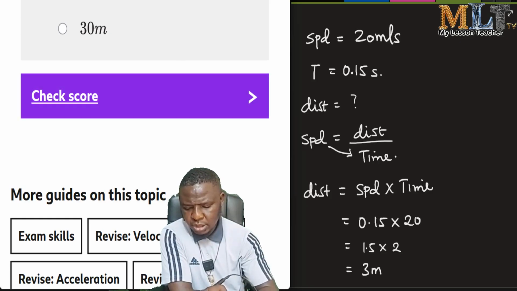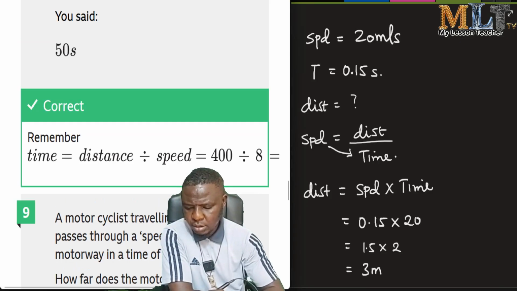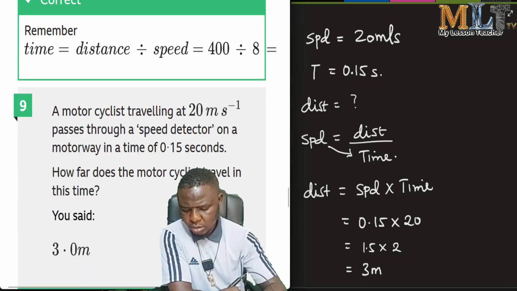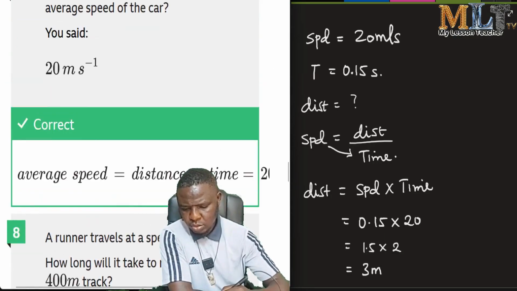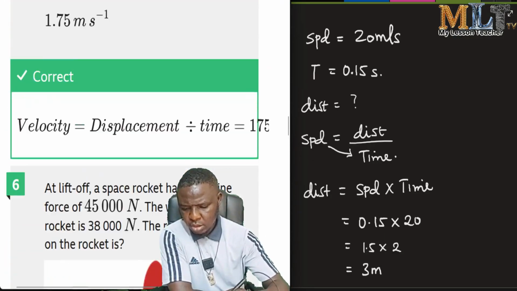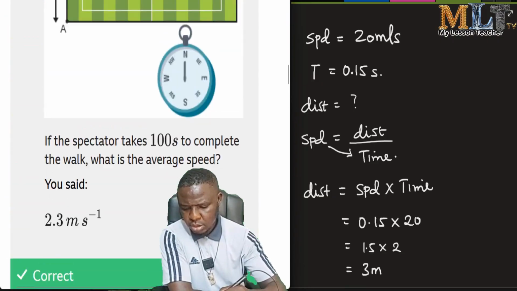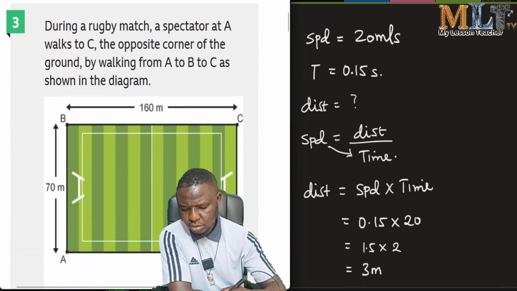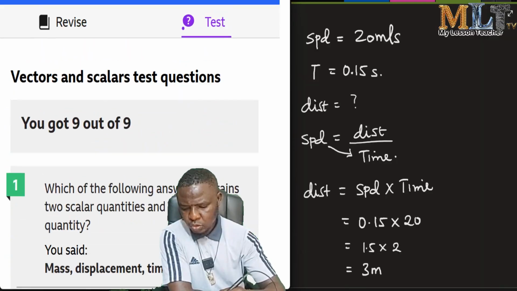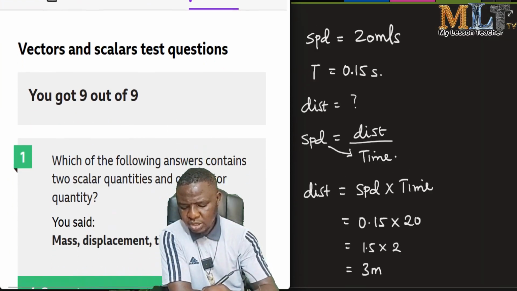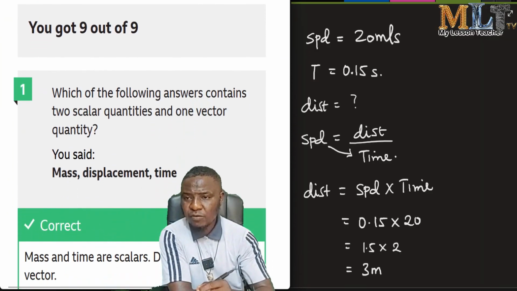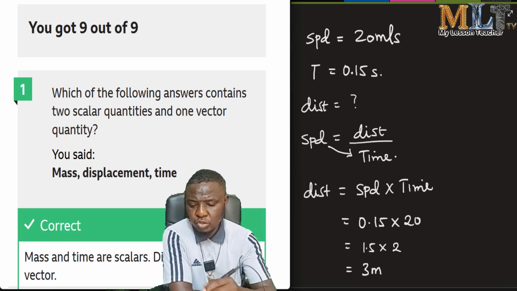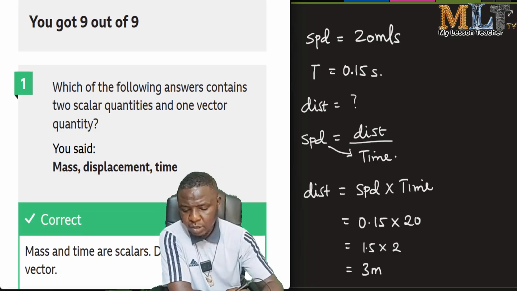So let's see our performance at the end of this test. Okay, seems to be correct, correct, correct. So we got 9 out of 9 in the test we just ran on vectors and scalars.